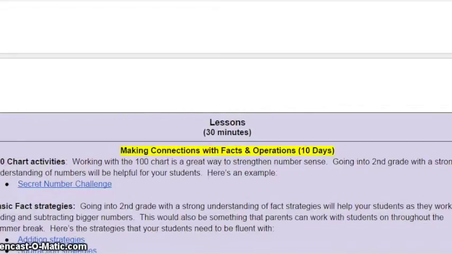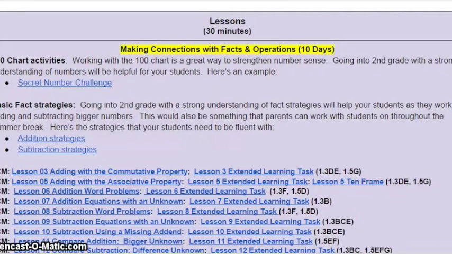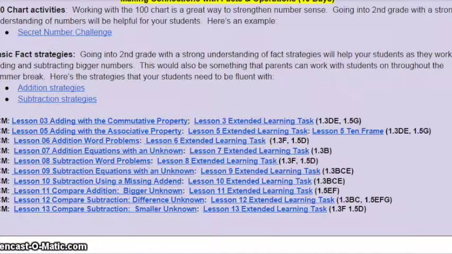Also, as we go down on the learning plan, you'll notice within the lessons, again, several ideas and activities to continue to strengthen numeracy skills as well as flexible thinking of how to add and subtract with numbers. And then you'll notice down at the bottom it says TCM with a lesson number.